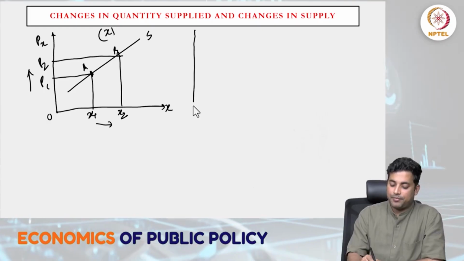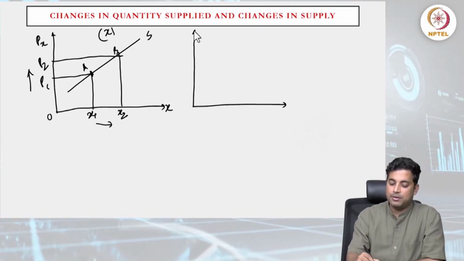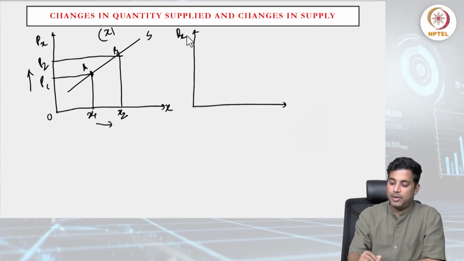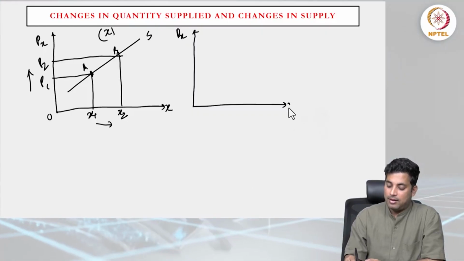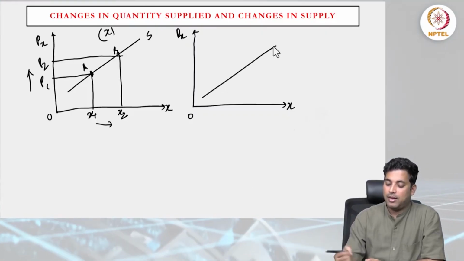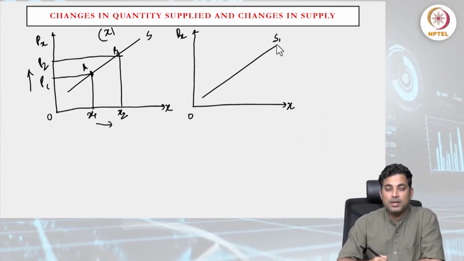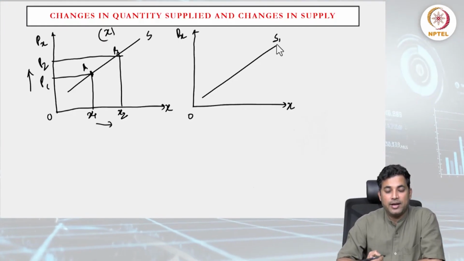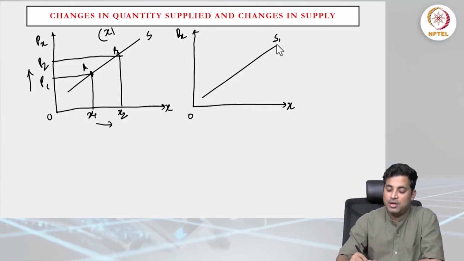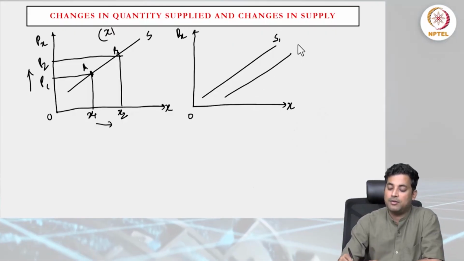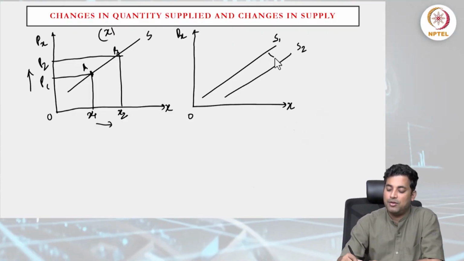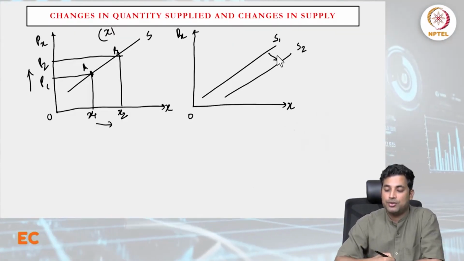And suppose Px and X here, and here say supply curve S1, and suppose new technology arrived in the production, and therefore the supply curve altogether will change from S1 to S2.